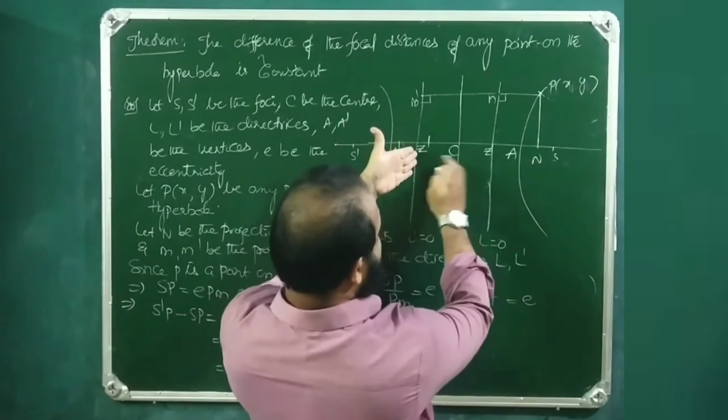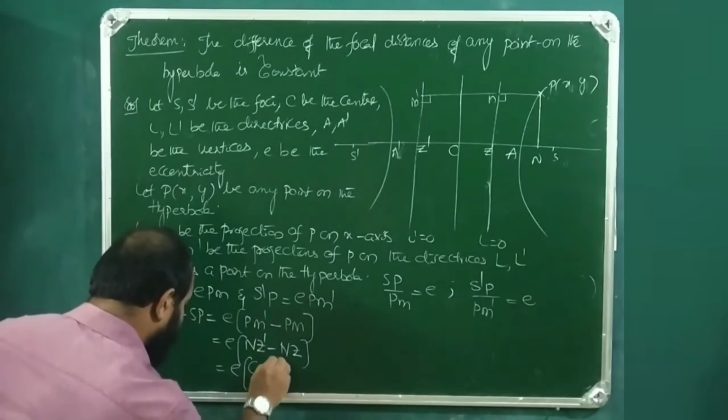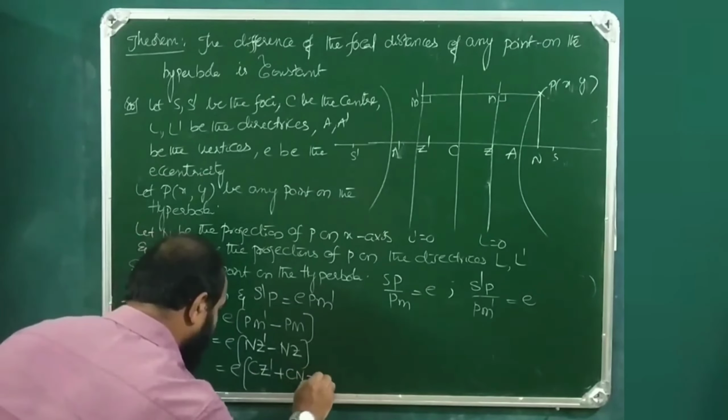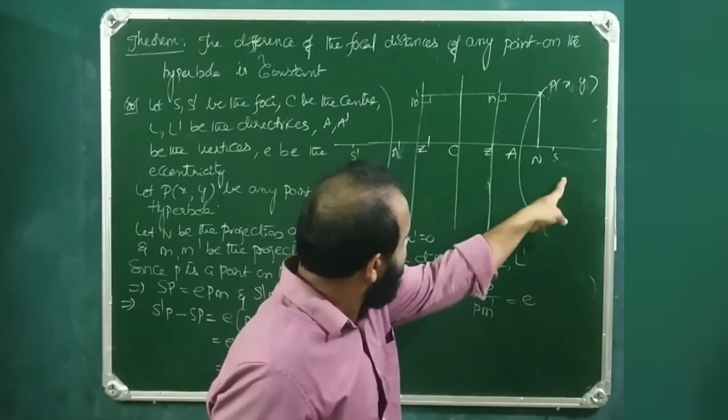NZ dash is CZ dash plus CN, and NZ is CN minus CZ.